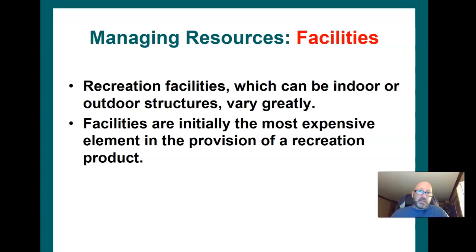Staff. Staff is the next one after you have your facility in place. If you're building it or buying it, it's going to be your most expensive. Even after you move into it, the next is probably your equipment. You could be leasing your equipment, you could be buying your equipment, but the building, the facility, is definitely the most expensive thing initially.